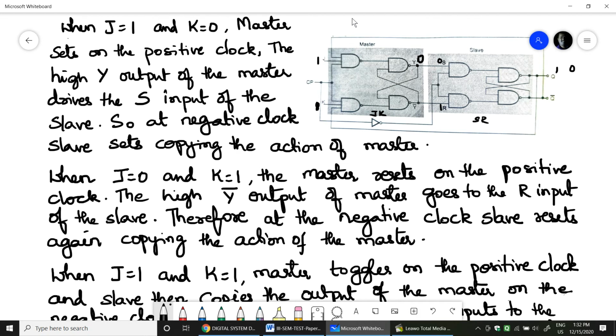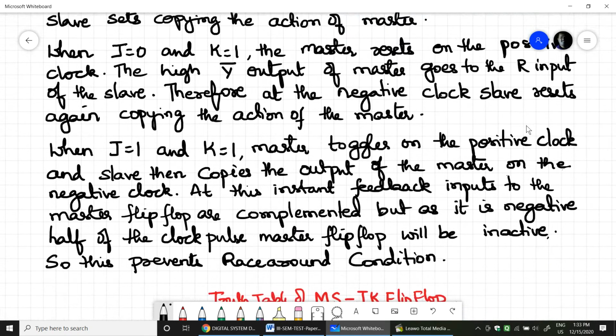But when we give feedback to the master during negative clock pulse, the master will never trigger, right? The master will work only on the positive clock pulse. So during negative clock pulse, when slave gives its feedback as complemented bits to the master, the master will never work because of the negative clock pulse.